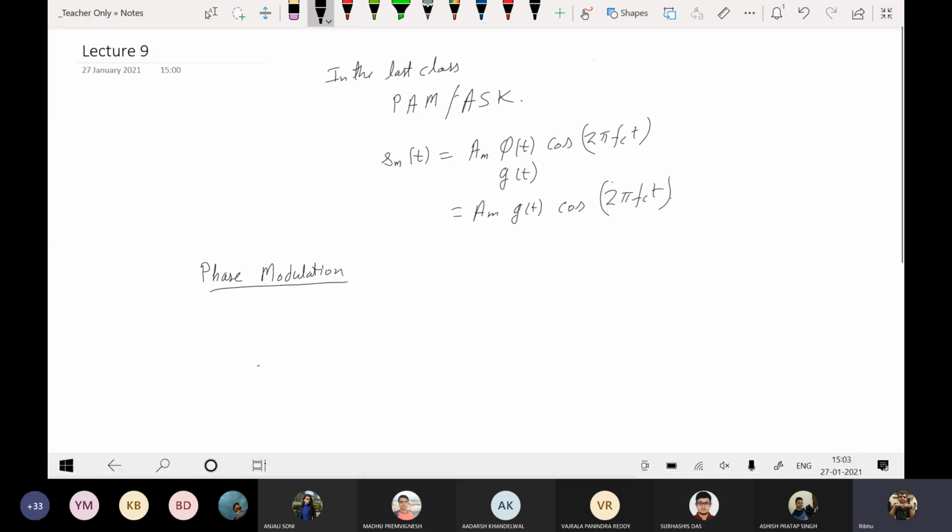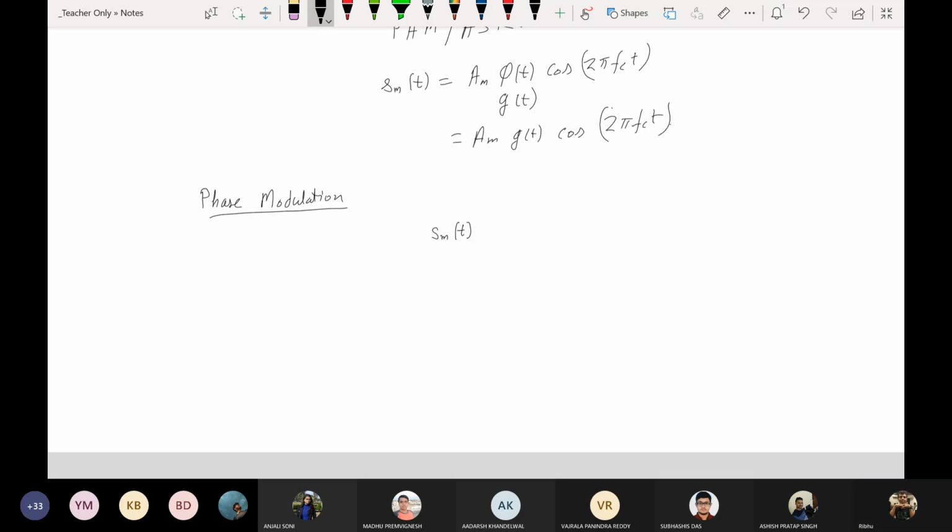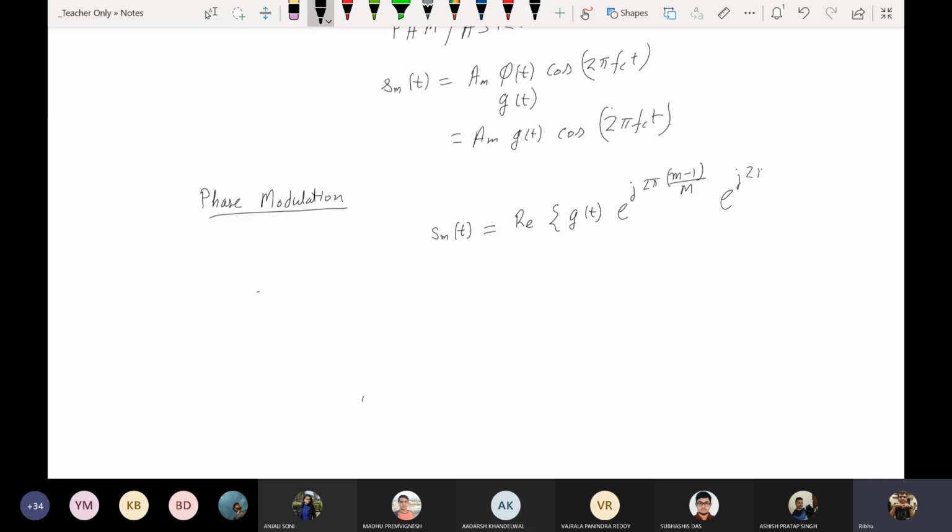So phase modulation, we know what phase modulation is. s_m(t) is the real part of g(t) e^{j2π(m−1)/M} e^{j2πf_c t}.